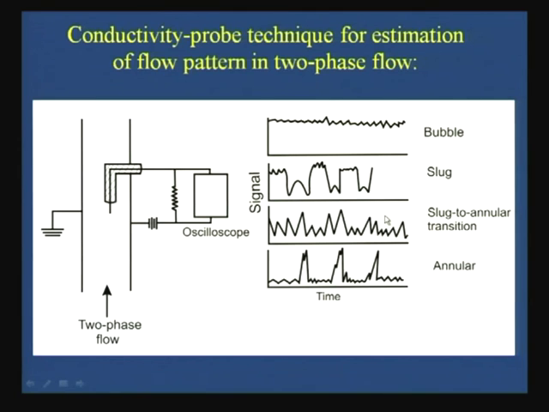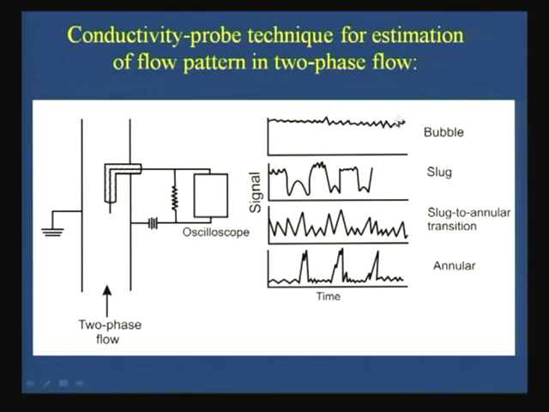And when you get annular flow, it is almost pure gas flowing. So, you get an almost 0 voltage signal here with a few spikes which occur when liquid droplets come and strike the probe. Is it clear to you? If you observe, you will find bubbly flow is more or less the mirror image of the annular flow pattern.